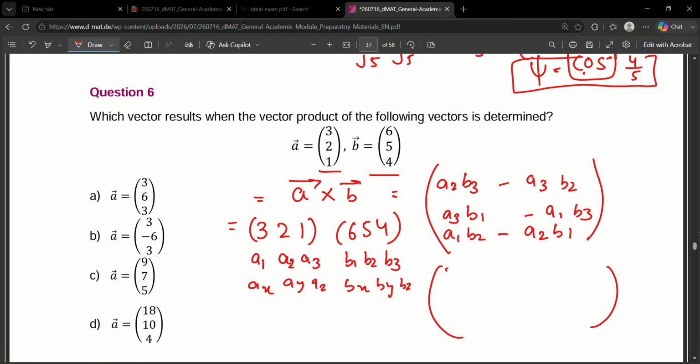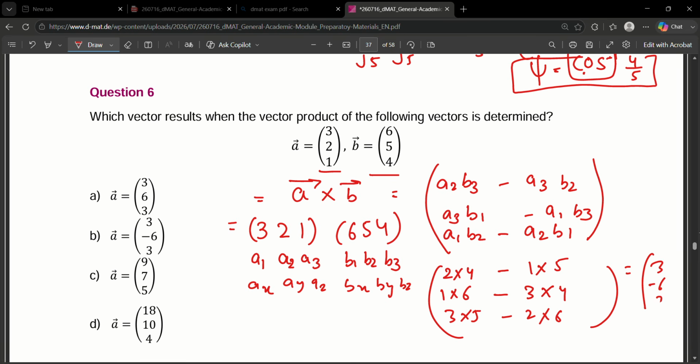That is equal to 2 multiply 4 minus 1 multiply 5. And next is 1 multiply 6 minus 3 multiply 4. And next is 3 multiply 5 minus 2 multiply 6.